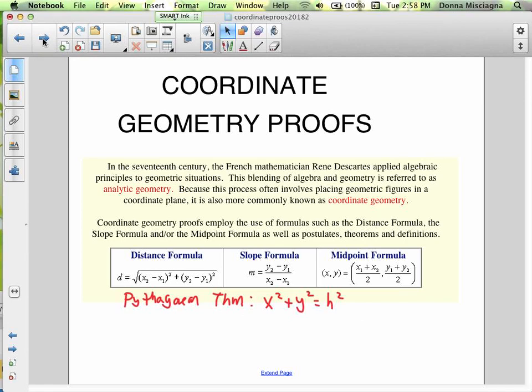Midpoint formula, we're just averaging the x values and averaging the y values to find the midpoint. And then Pythagorean theorem we could use in place of the distance formula, or if we want to show that a triangle is or is not a right triangle. Right? And so leg squared plus leg squared equals hypotenuse squared. Right? And you can think of it as x squared plus y squared equals hypotenuse squared.